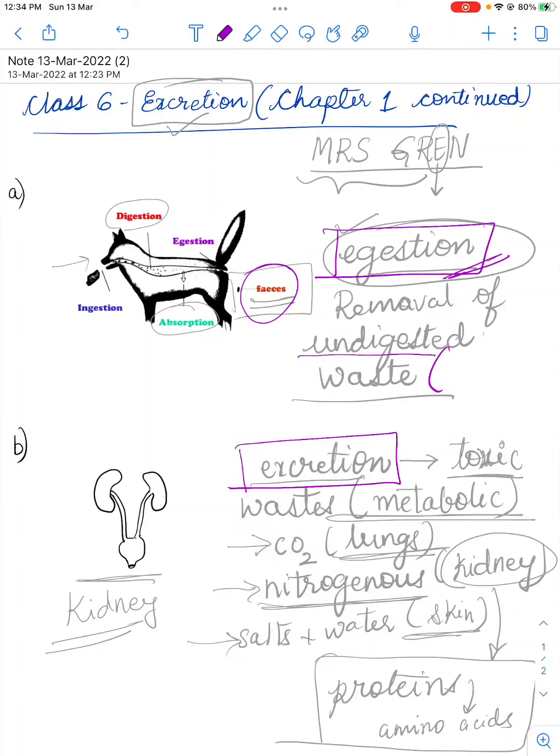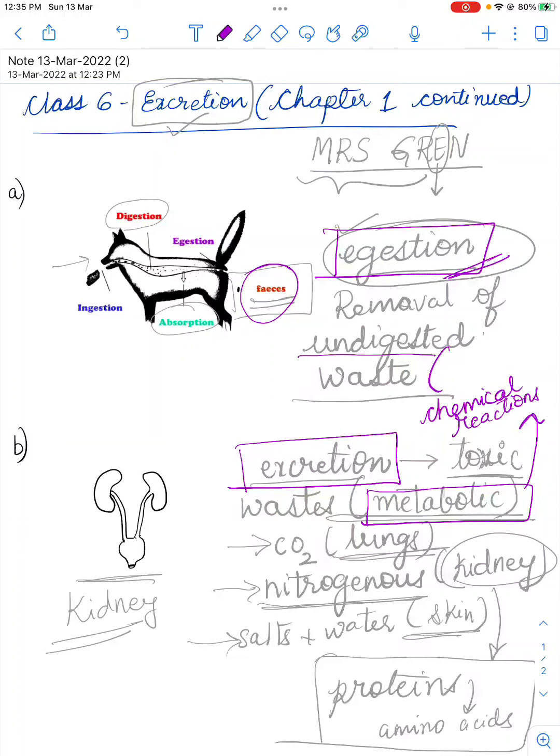We shall learn about what these metabolic reactions are in the next video, but as of now, understand that metabolic reactions are the chemical reactions occurring within our body to keep us alive.